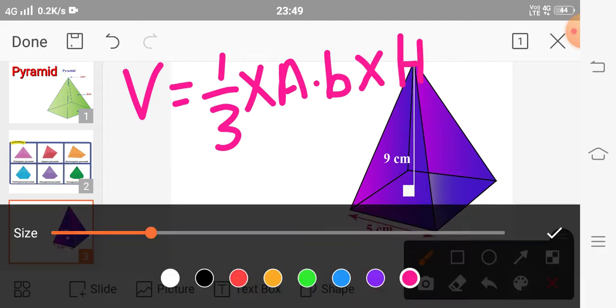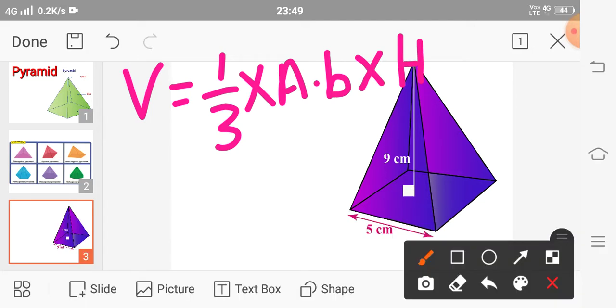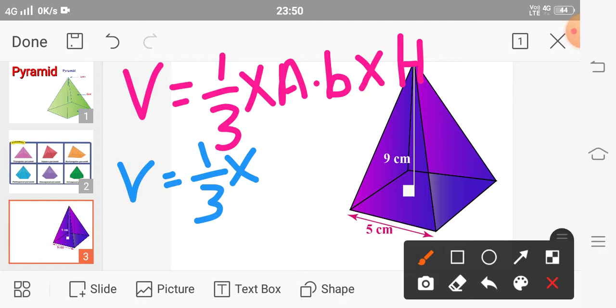In this problem, find out the volume of this pyramid. V equals 1 by 3. Here is a square pyramid. Base we have 5 centimeters. So the area of this base, area of a square, is equal to L into L, or side into side.